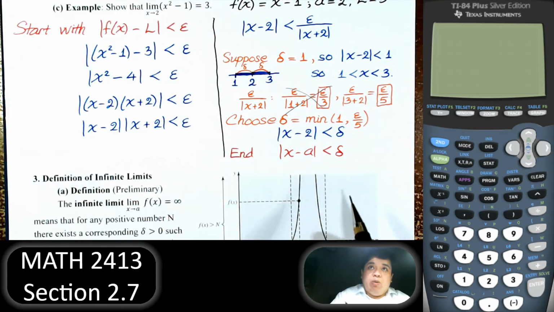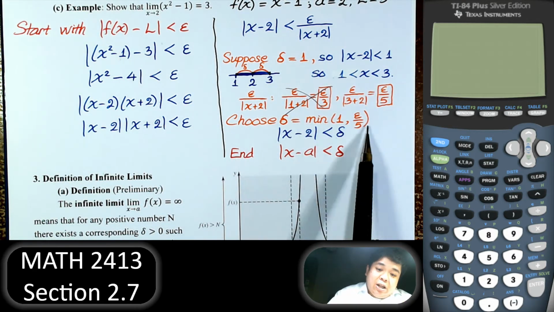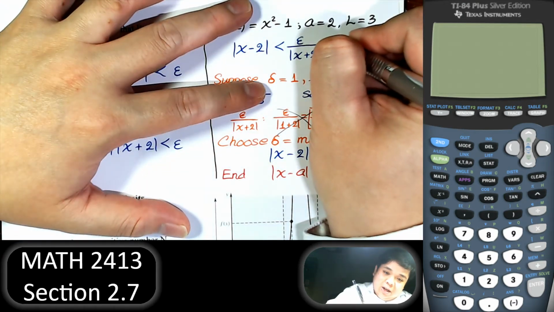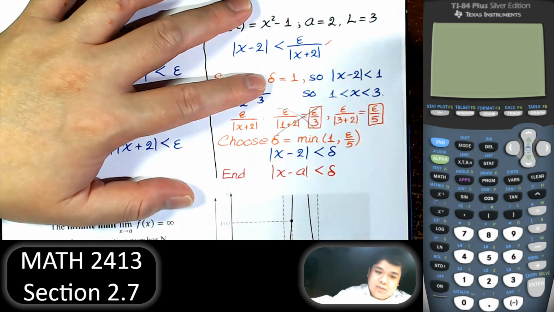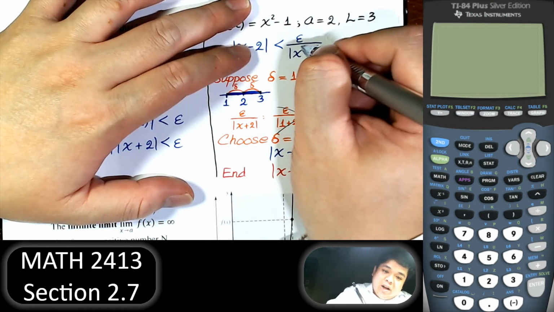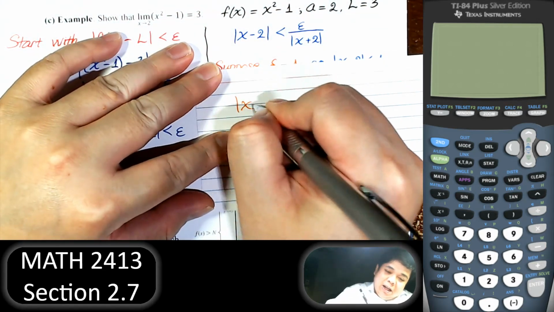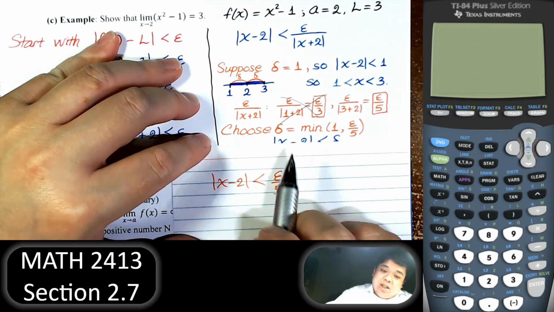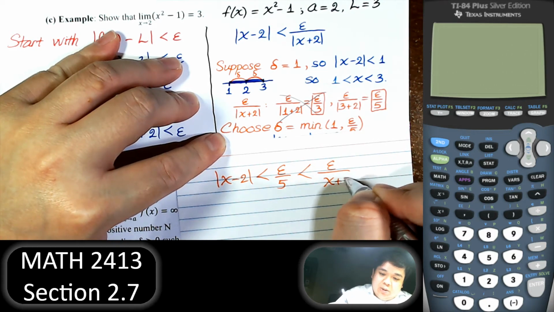When we write in the reverse, it will work, because if delta is equal to epsilon divided by 5, we can say that it certainly would be less than that. That one cannot really be wedged in there, but this one will be guaranteed to be less than epsilon divided by 5, and that of course is the minimum of all of the epsilon divided by x plus 2.